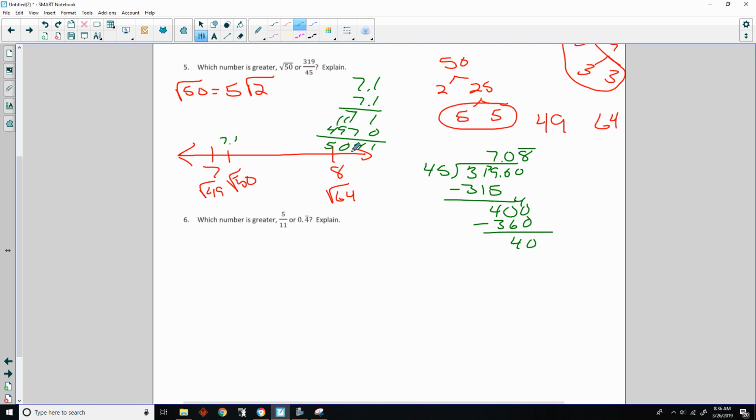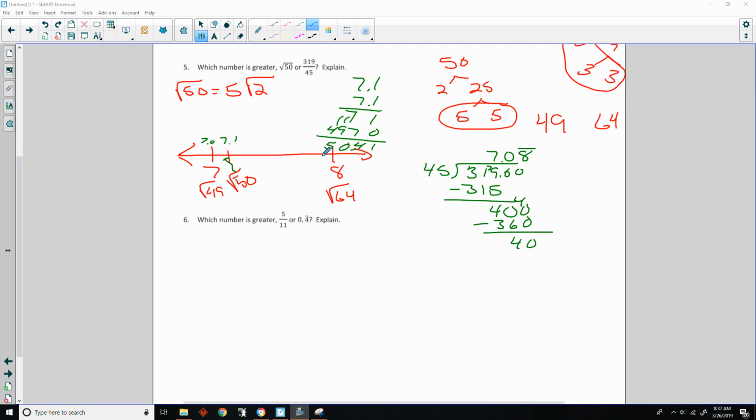And I get 50.41. So that's just a little bit more than the square root of 50. So the square root of 50 is between 7.0 and 7.1. Okay, but this is 7.08, so I need to go out a little further.